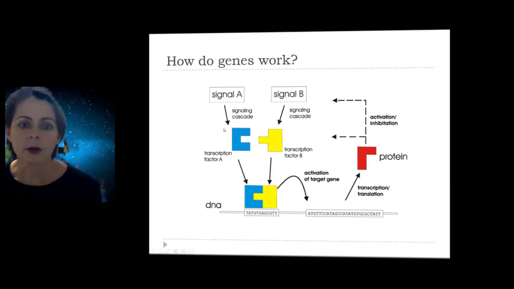In a simplified world, you have transcription factors, and these are proteins in themselves, or they can be hormones. These transcription factors are produced in response to particular stimuli. They will bind if there's a cascade, and then they will attach to the promoter region of a gene. When they attach to the promoter region of a gene, this allows the gene to be activated for transcription and translation, which enables this gene's protein to be produced.